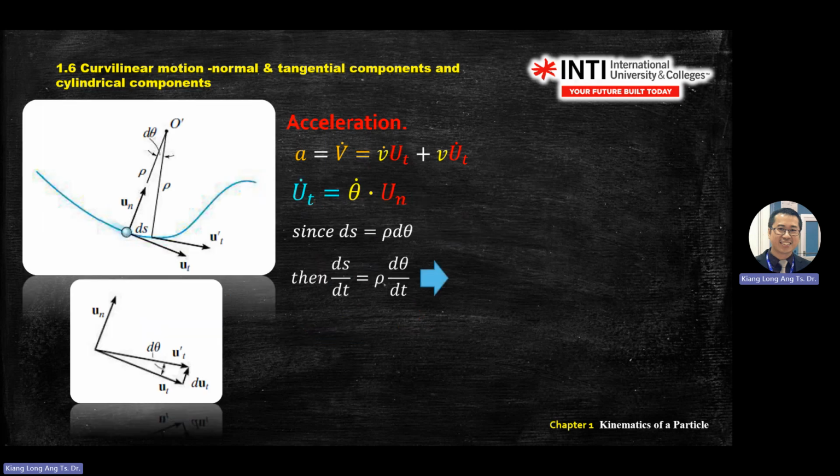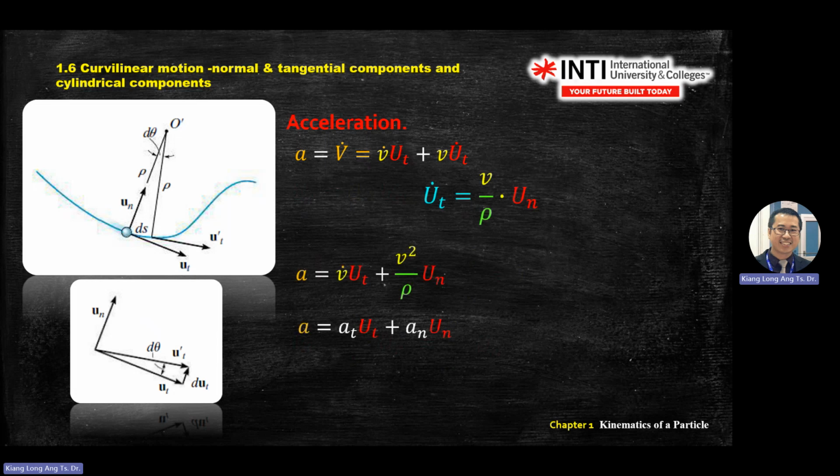At the end, what is important is that you know the acceleration. You only need to remember one equation after all these slides. Every time a question links with curvilinear motion, recall this equation.